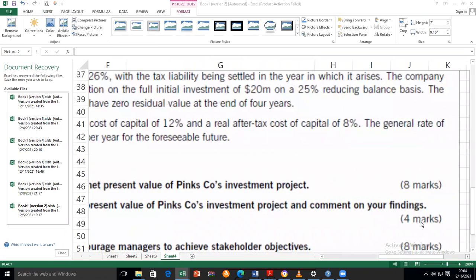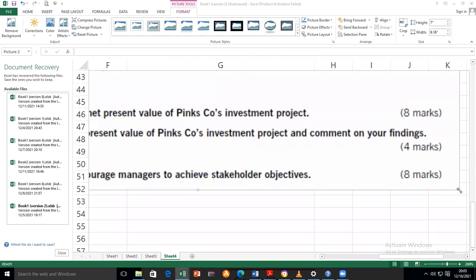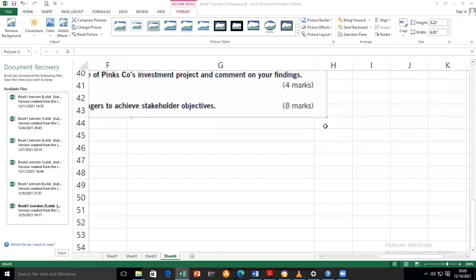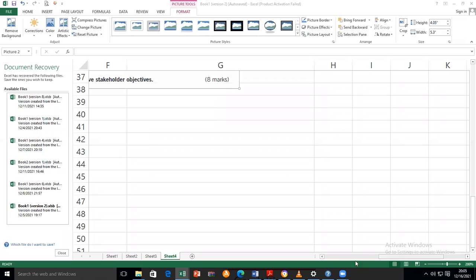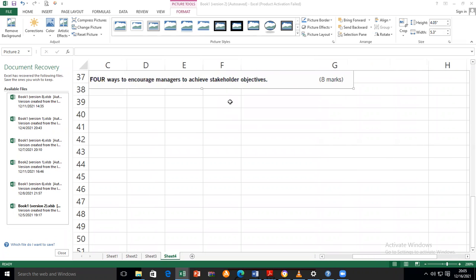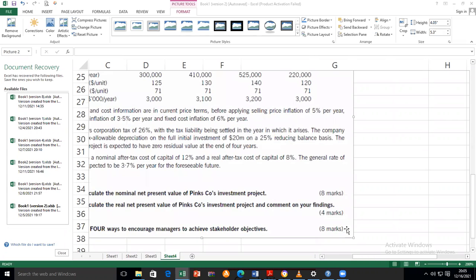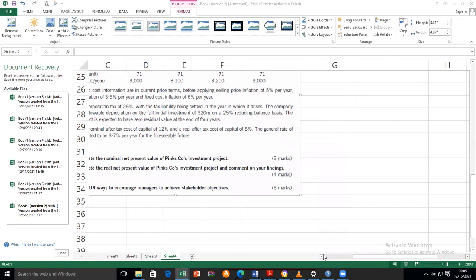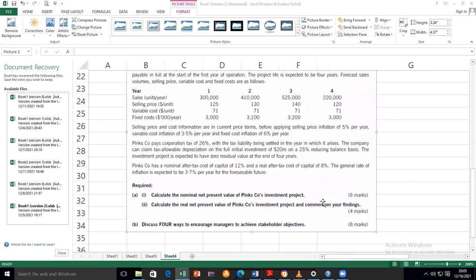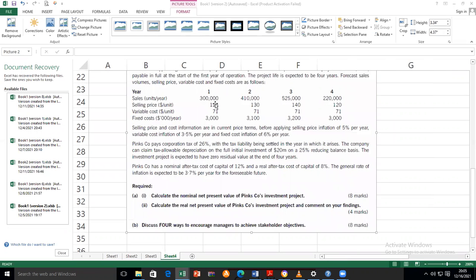How do we inflate here? We need to inflate for the number of years, meaning this figure must be inflated how many times? Once, 2 times, 3 times, 4 times.